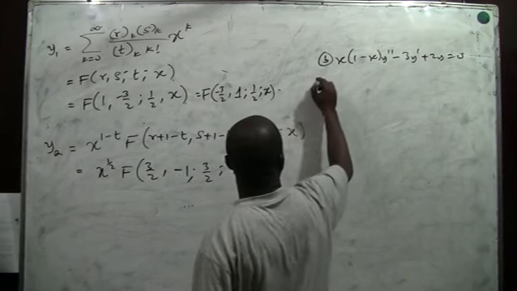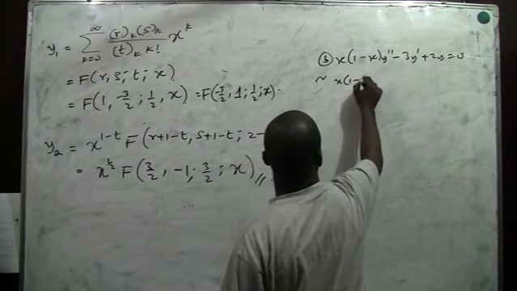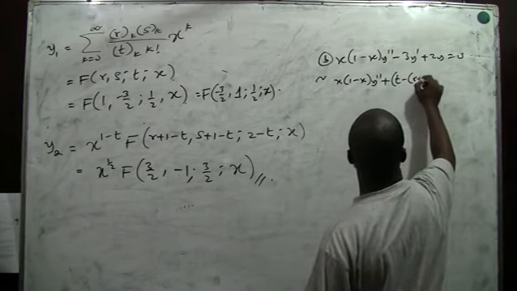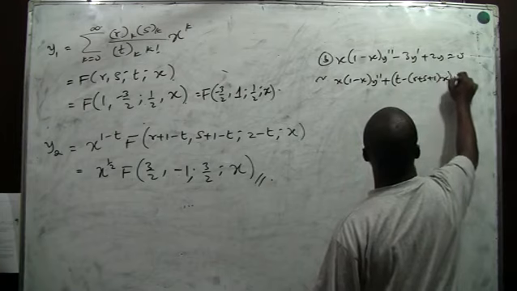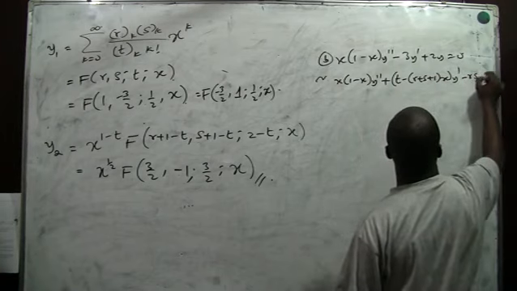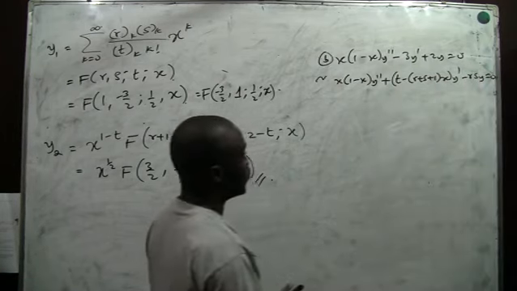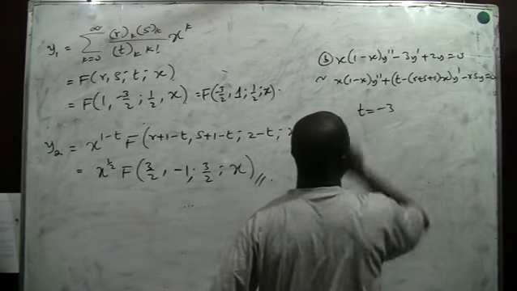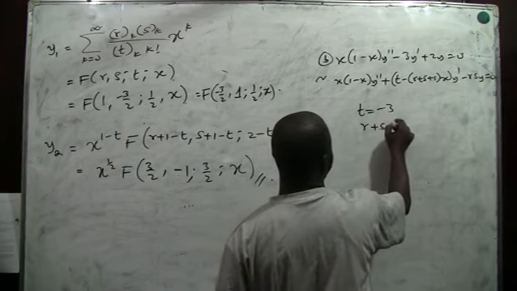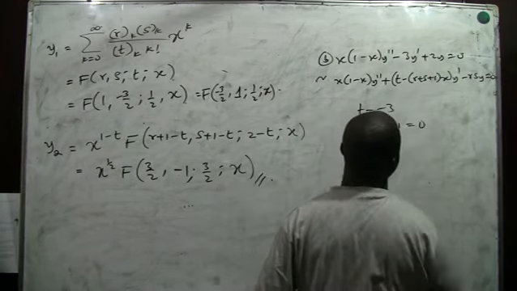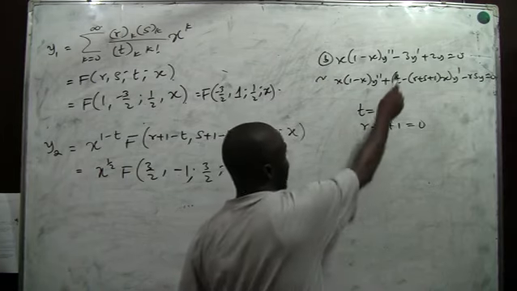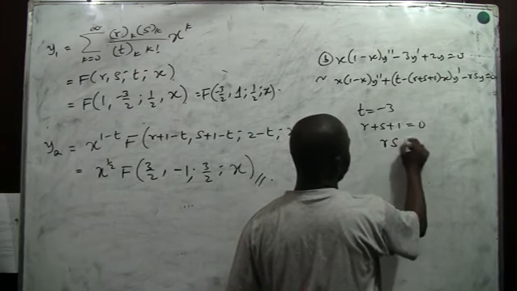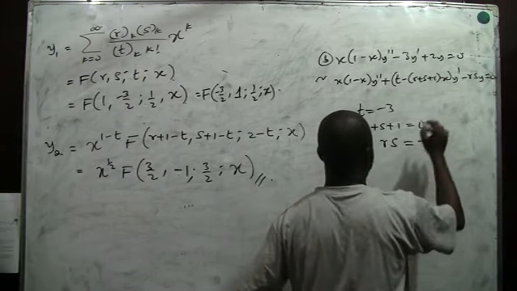We compare this to x into 1 minus x, y prime prime plus bracket t minus r plus s plus 1, x y prime minus rsy equals to 0. So, through that, our t becomes minus 3, our r plus s plus 1, there is no x term here, so that becomes 0, and finally my rs is minus 2.